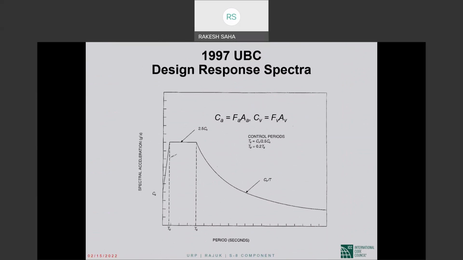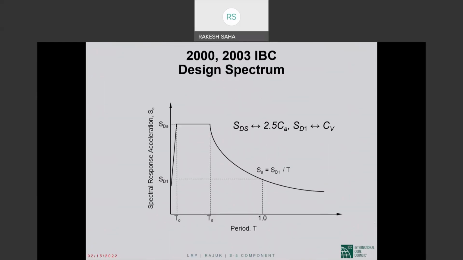Okay? And then coming closer to today, so 97 UBC, then we had 2000 IBC. This is the design spectrum in those codes.